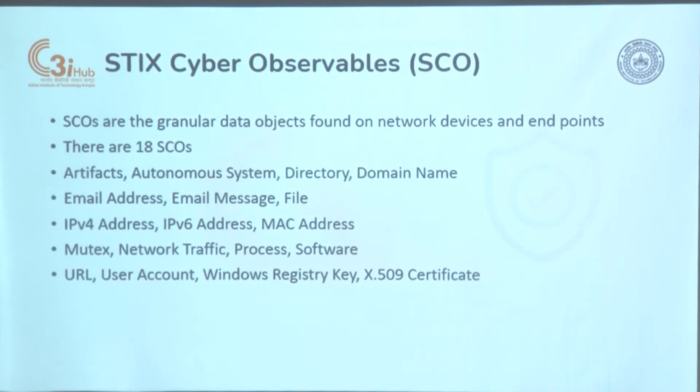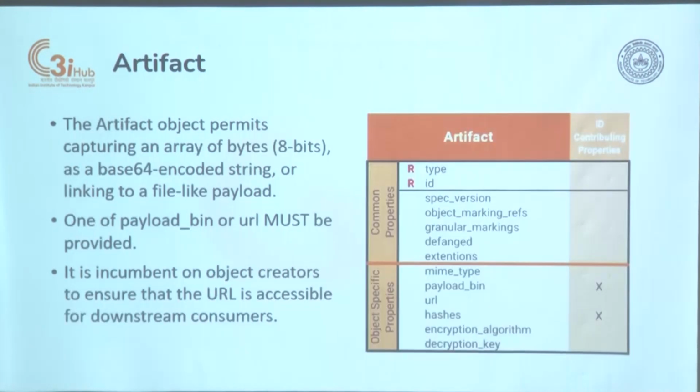So I can have multiple tables, and then I can also have a table for indicators, right. And then I will be able to have a foreign key that connects this indicator to a particular table. So that way I can do better queries, right. So there are 18 such different SCOs.